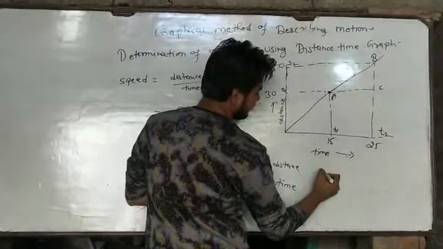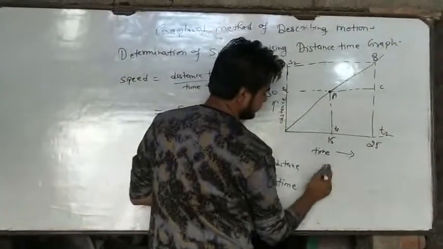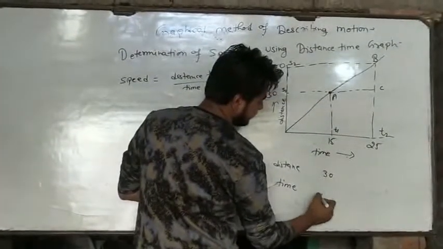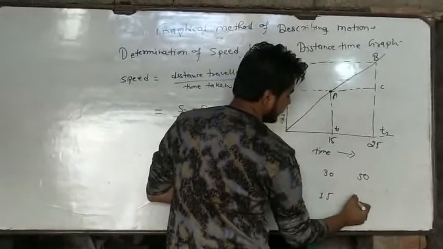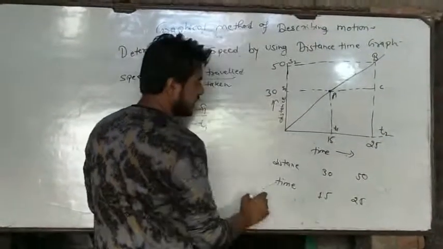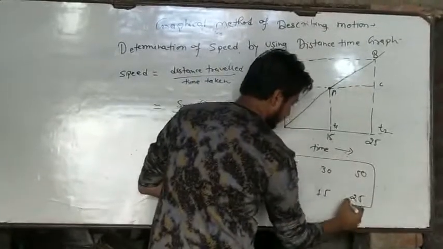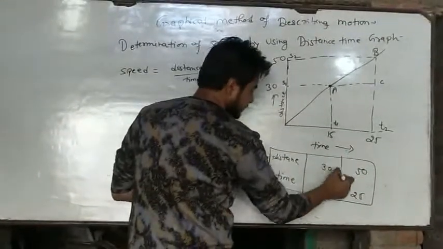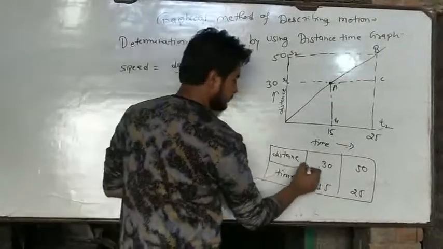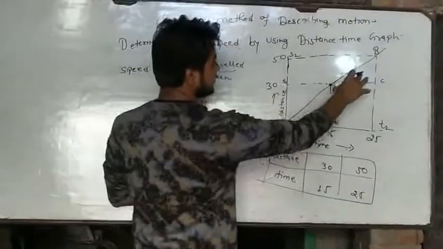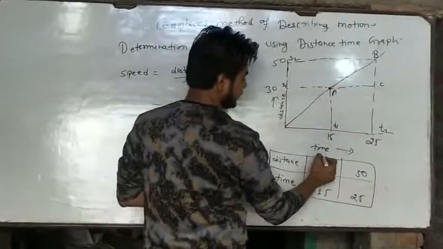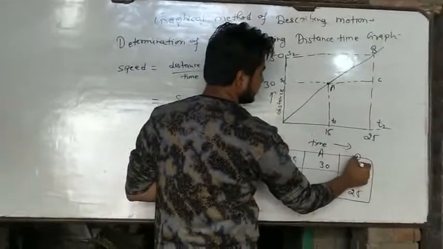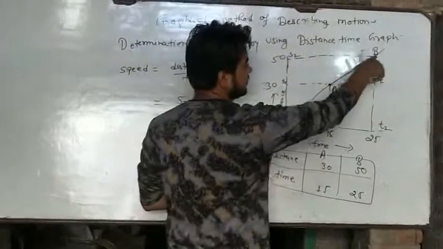Distance is 30, time is 15. Distance is 50, time is 25. Okay. So first we make this graph like this. Then this is the line. Which points are given? This point is A. This point is B.